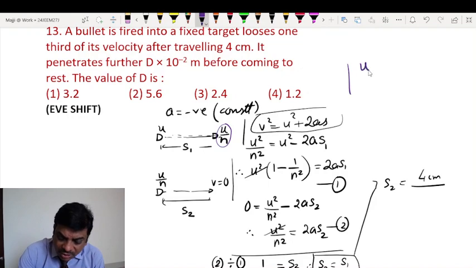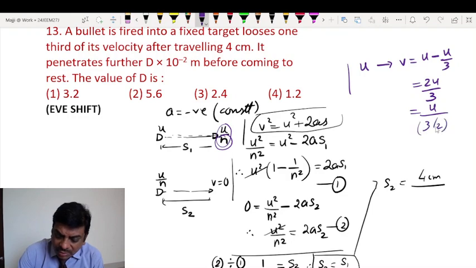So initial velocity is u, and the final velocity will be initial velocity minus 1/3 of velocity, so 2u by 3. So our n will be 3 by 2 here. You can write this as u upon 3 by 2.